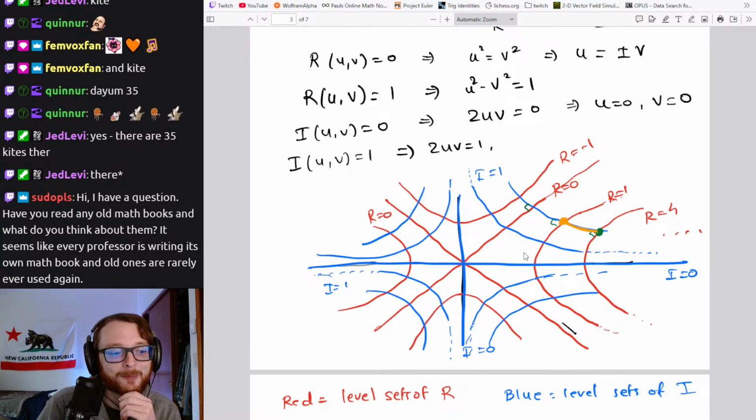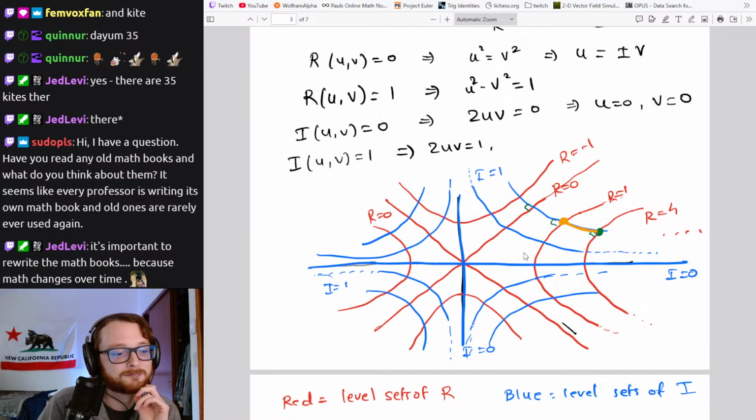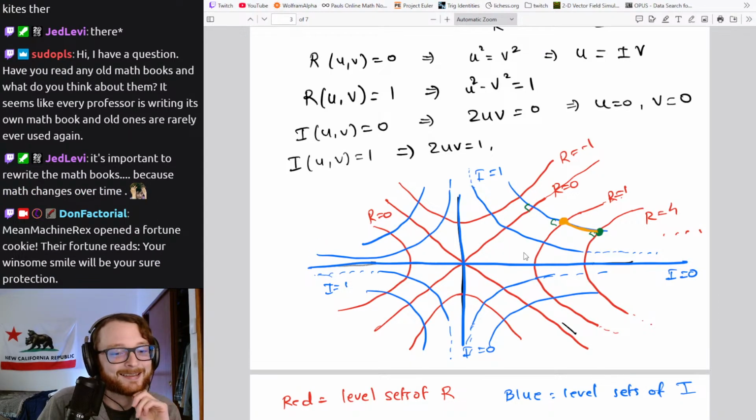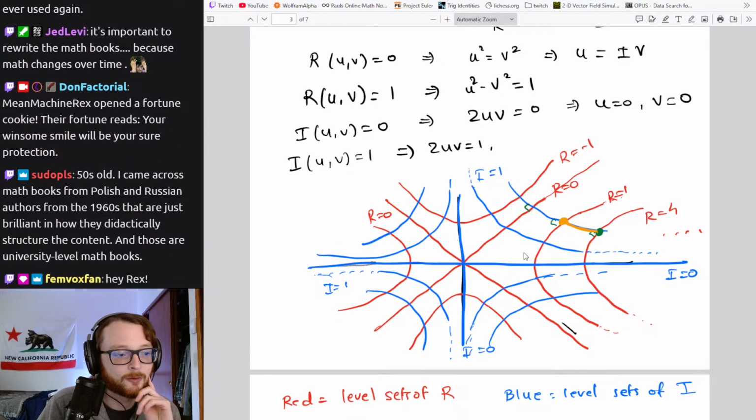I have some textbooks that were maybe written in the 70s or something. The more you write math books, because math changes over time. Yeah, I mean, Jed's right. Math, at least the fundamentals of math, doesn't really change. You could argue that the perspective on it might change, but the information then was just as good.